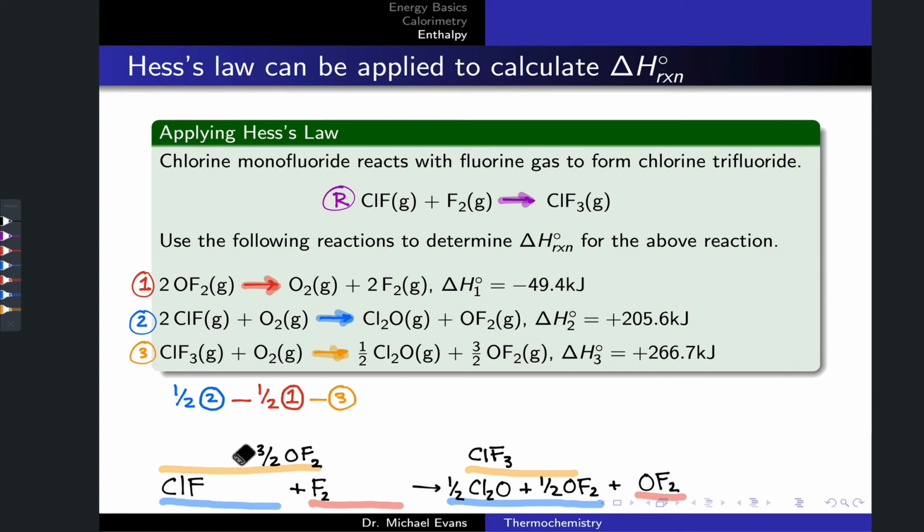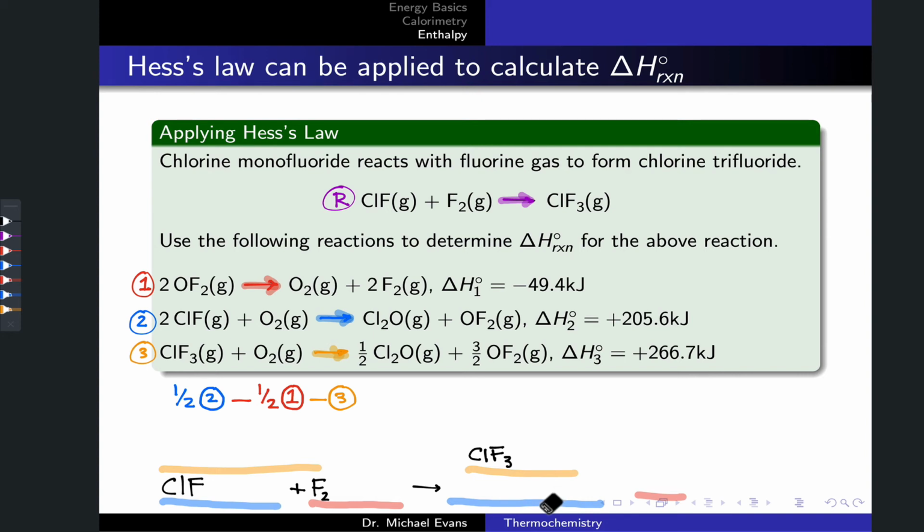And so again, those can be subtracted out of this chemical equation and nothing of value was lost. We have 3/2 OF2 on the left-hand side, and we have 1/2 an OF2 plus 1 OF2 on the right-hand side. This is 3/2 OF2 if we think about adding those two together. So we can subtract out 3/2 OF2 from both sides of this chemical equation, and there we go.